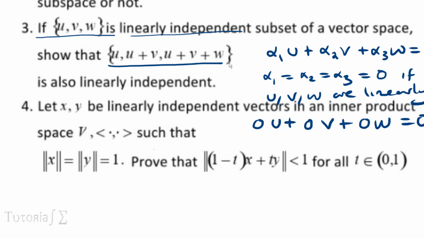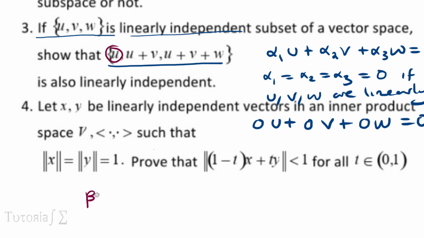So for us to show that this set will also be linearly independent, first of all, we should write this set as a linear combination. Writing it as a linear combination, we'll just multiply the scalars with the vectors here. So the first entry will be, let's use different scalars, let's use beta.